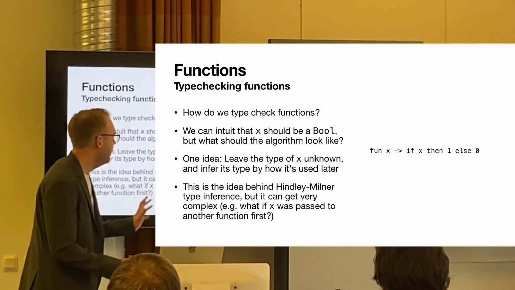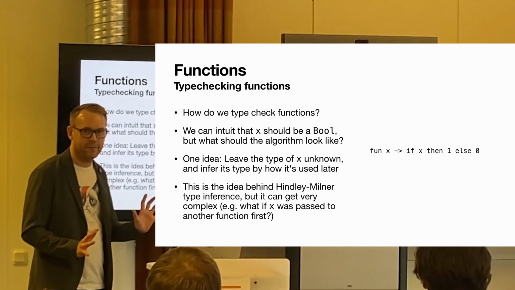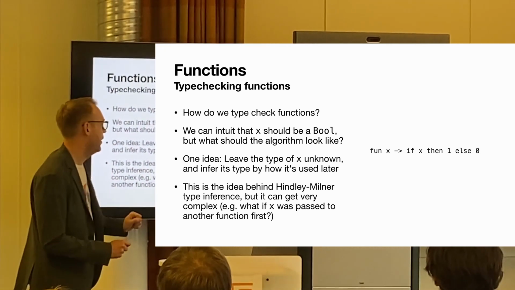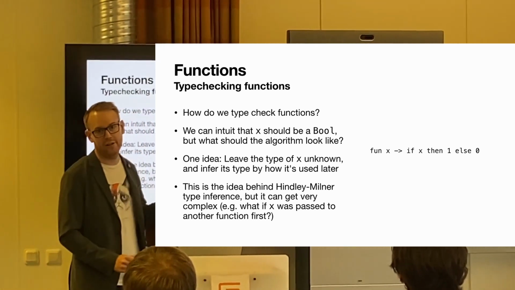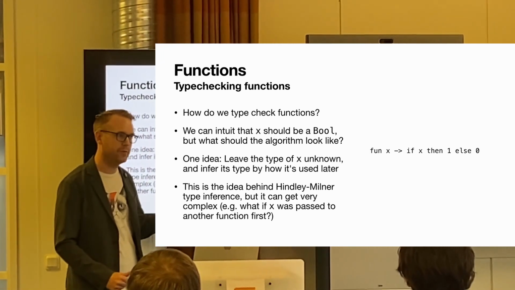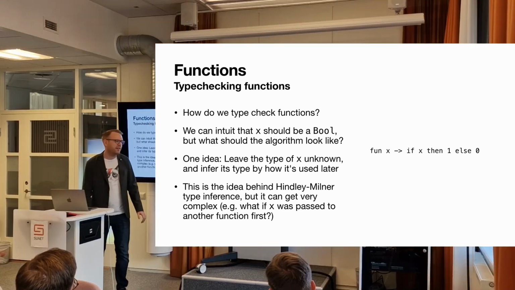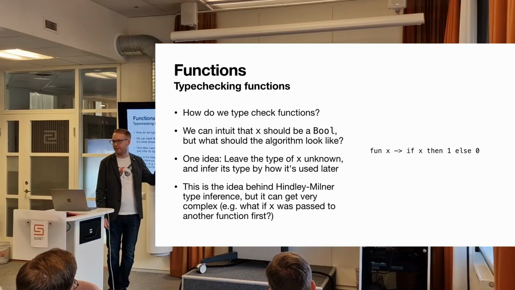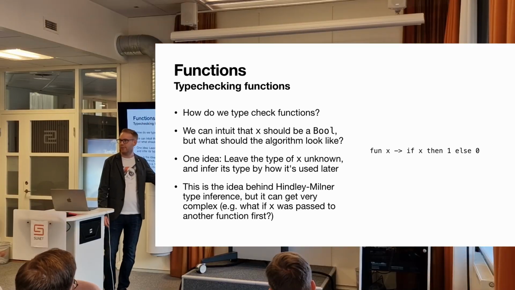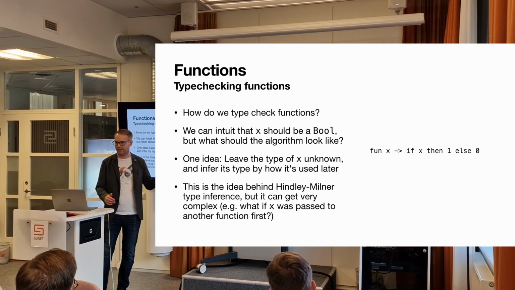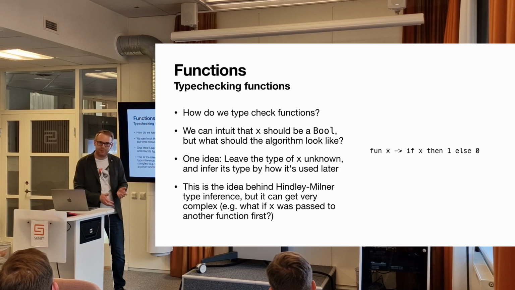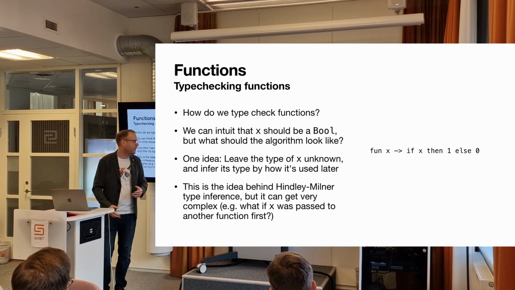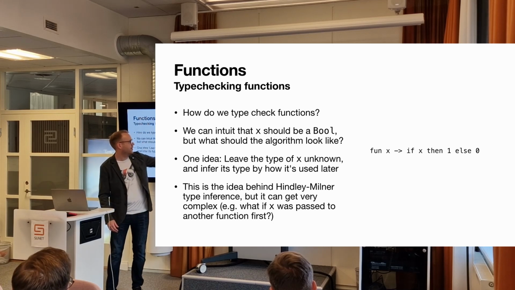Okay, but now we run into a problem, because before we were working mainly with inference. If we saw a literal, like a bool literal, we knew it was a bool, etc. But how should we type check functions? If we imagine that type checking, like we said before, is a recursive function that takes the terms as inputs and gives the type as output, how should we type check this?